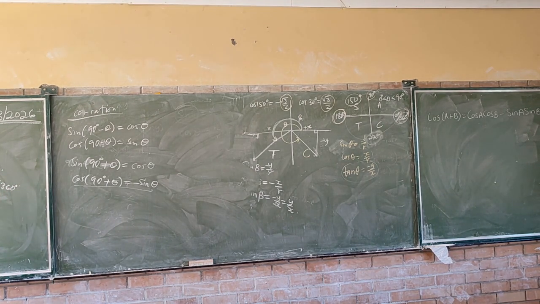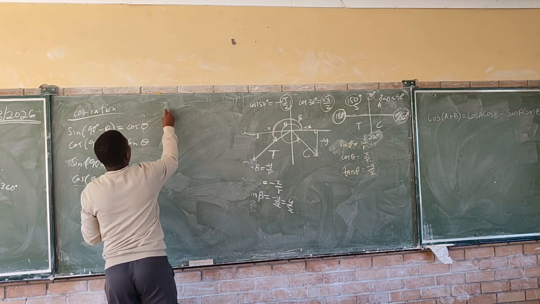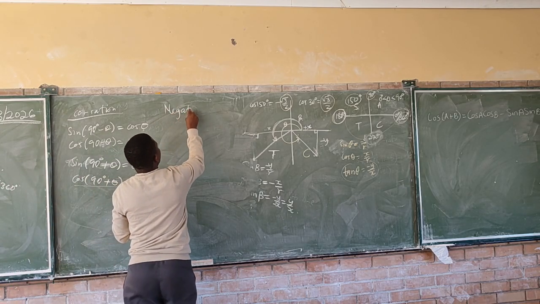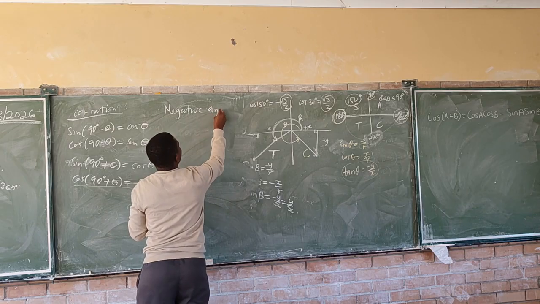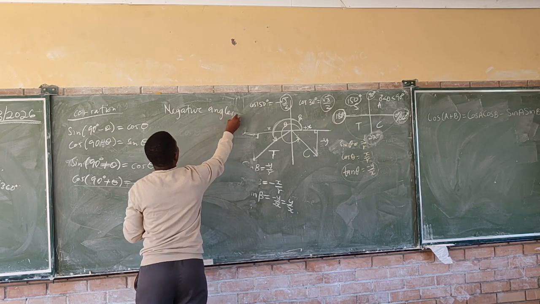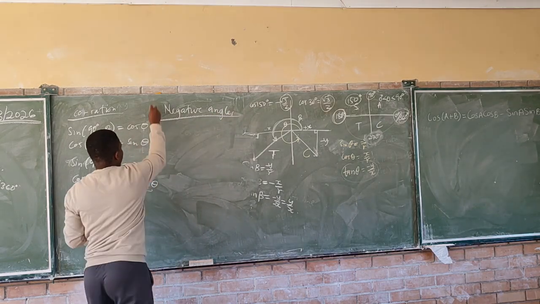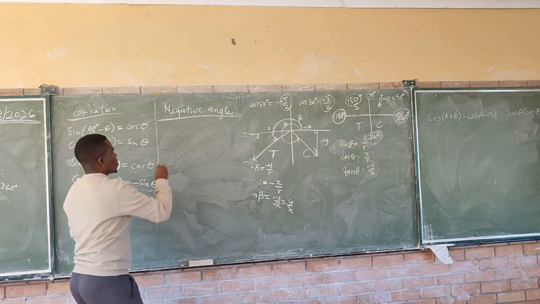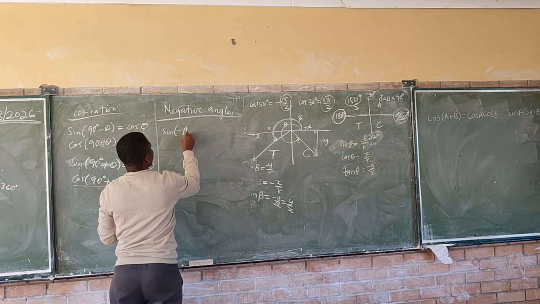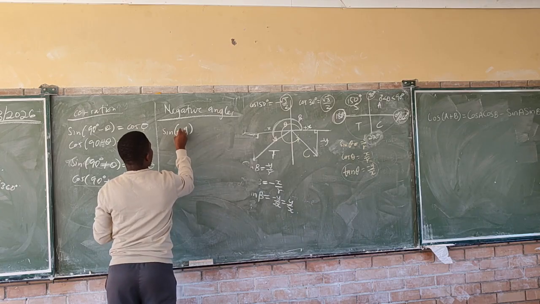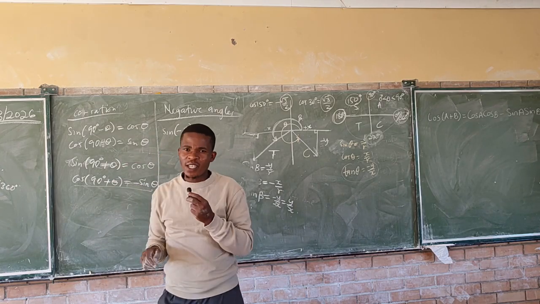Alright, after that, if we have exhausted that, we can check the negative angles. What do you know about negative angles? If we have sine of negative A, in here we are simply saying we are rotating in what?